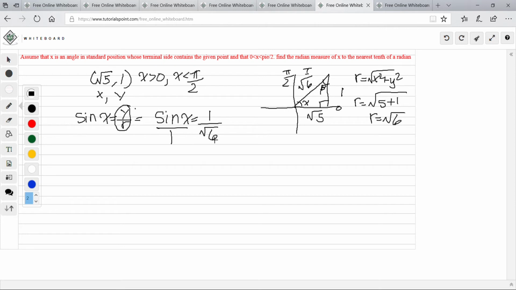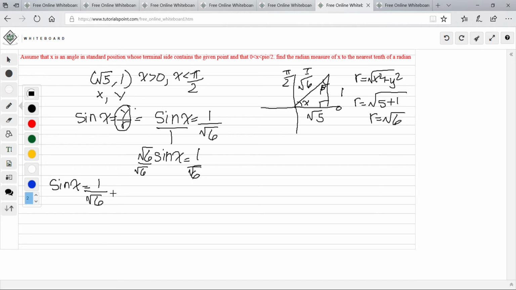Put a 1 under here, and then we cross multiply. So you're left with square root of 6 times sine of alpha equals 1. Divide everything by square root of 6. So you're left with sine of alpha equals 1 over square root of 6.